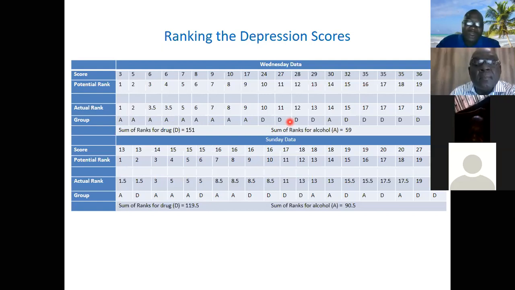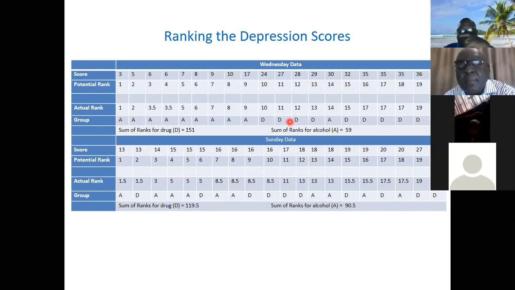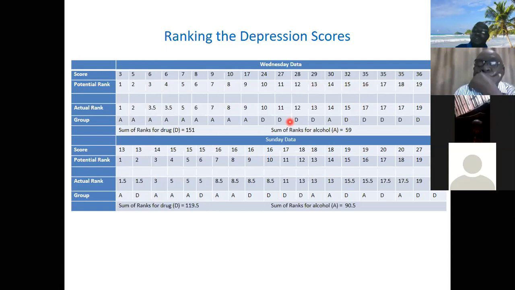And the same thing if you look at Sunday. We had on Sunday the sum of ranks for drug as 119.5 and for alcohol as 90.5. So the Wilcoxon statistic, can you see? It's not calculated apart from ranking and adding. The smaller of the values is the statistic.